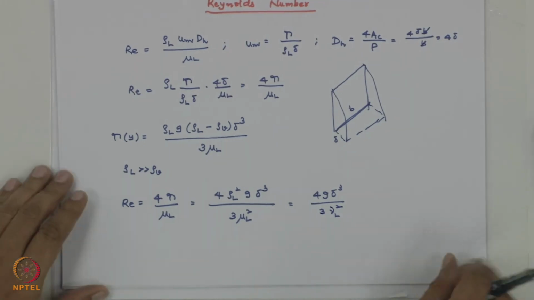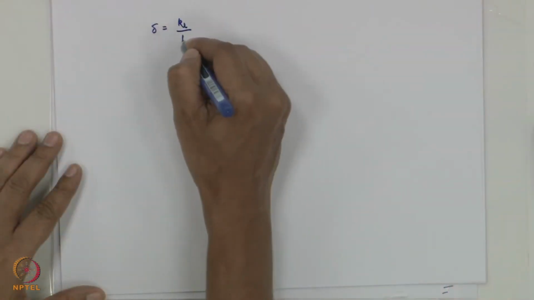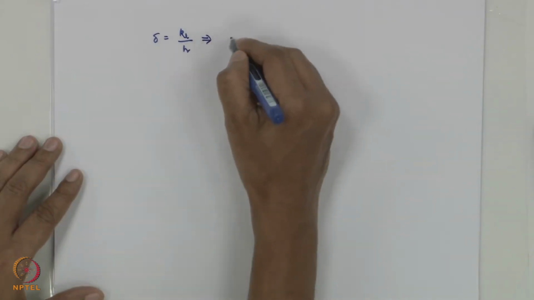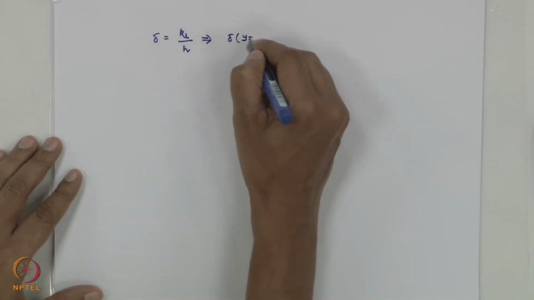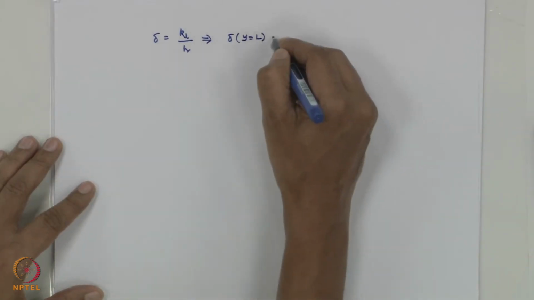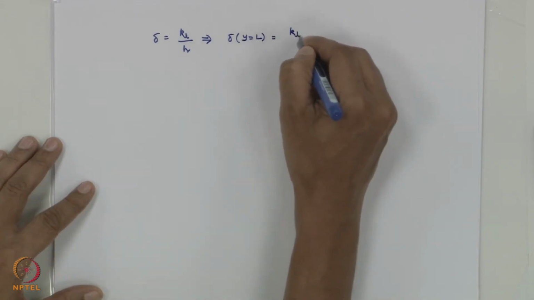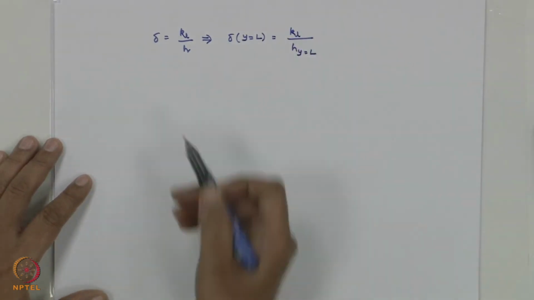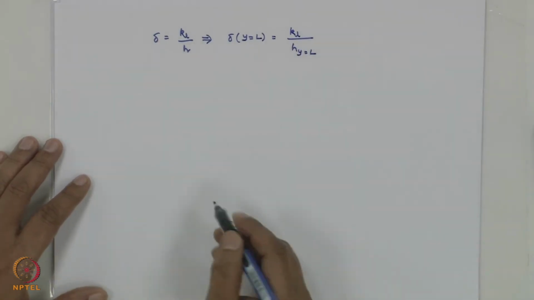Now, Reynolds number we have gotten. So delta equal to K L upon h, which implies that delta at y equal to L is equal to K L upon h at y equal to L, because this equation is valid at any y.